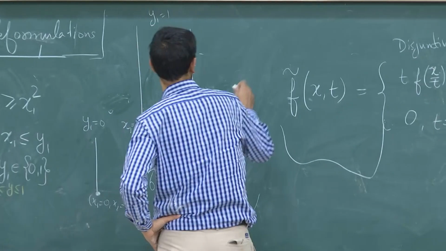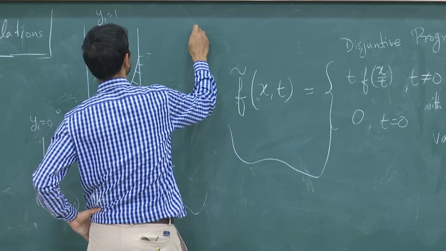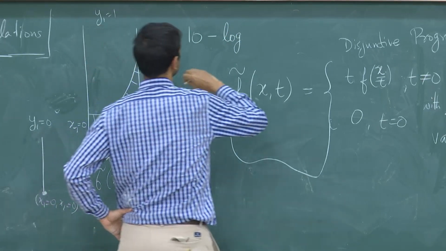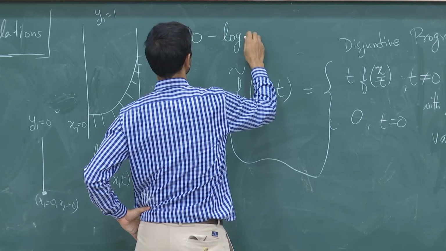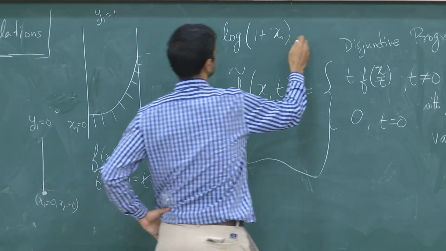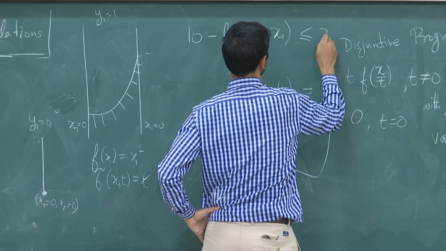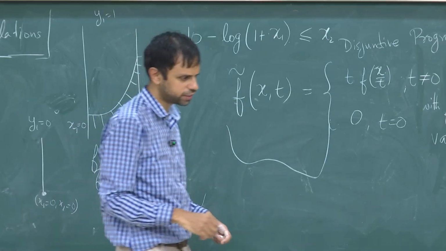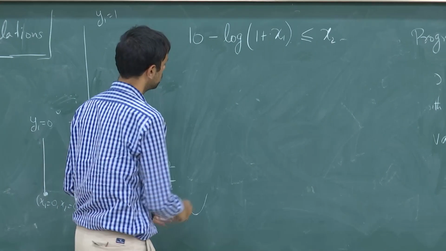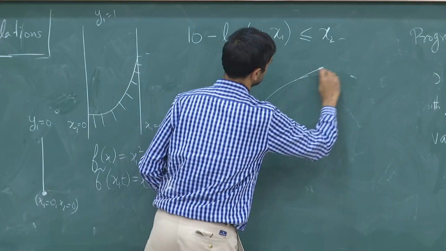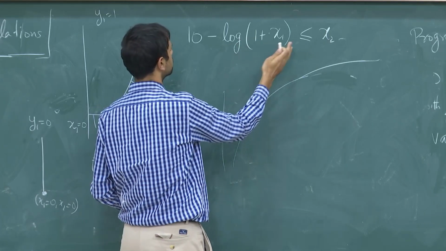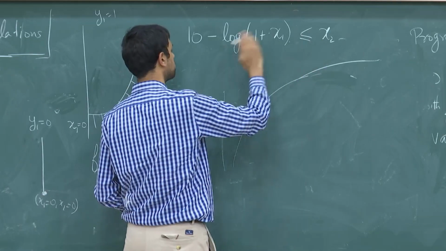For example, if I have a function like 10 minus log of 1 plus x1 less than or equal to some other variable x2, this is a convex constraint, because the log function looks like this, and we are trying to be below this function.